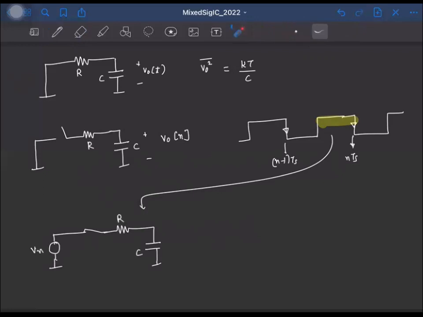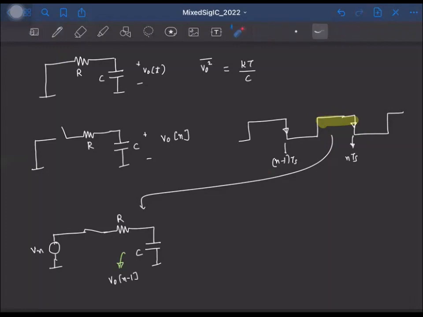And please notice that in the previous time instant, that is (n-1)Ts, the capacitor would have sampled some noise, right? So let's call that noise sample V0[n-1]. Okay, so the capacitor has this initial voltage, right?